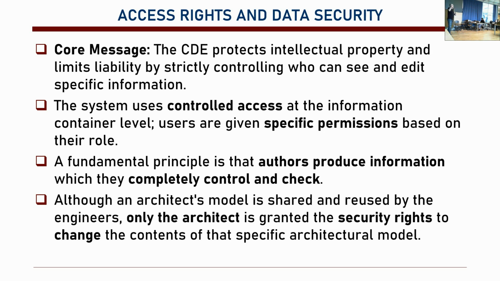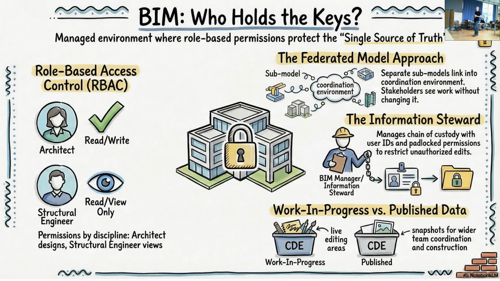As an architect, you have full control over the architectural model. As a structural engineer, you have full control over the structure. The architect's model is shared and reused by engineers, but the architect can change anything there. And when they change it, engineers are notified.